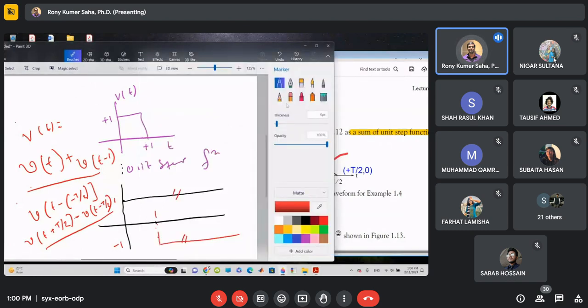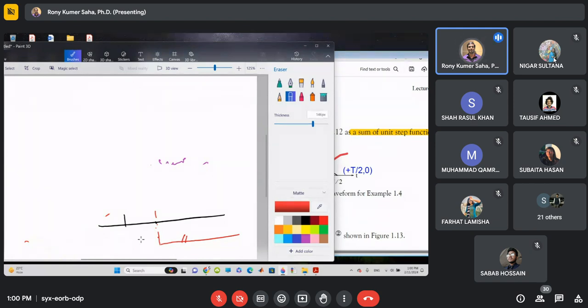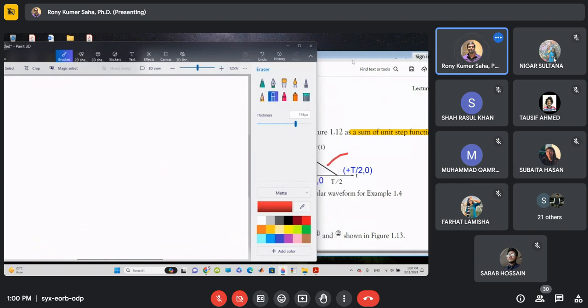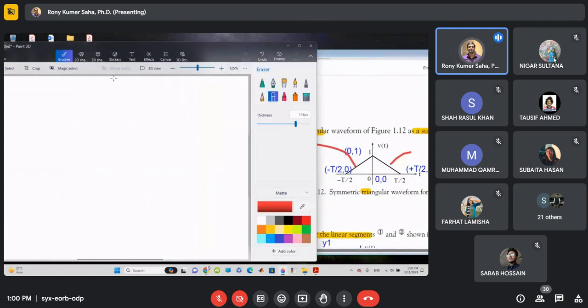Let's see this one first. When you have this kind of response, what will happen? Let's show the signal first. So we have the signal given.